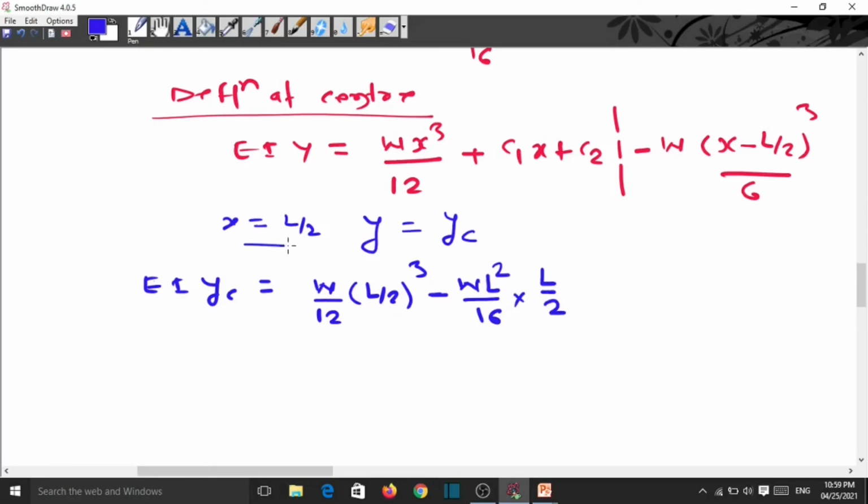Now here x equal to L by 2, it means we have to use only the first section, not the second. If you put the value of L by 2 here, automatically L by 2 minus L by 2 is 0. So only consider the first section.